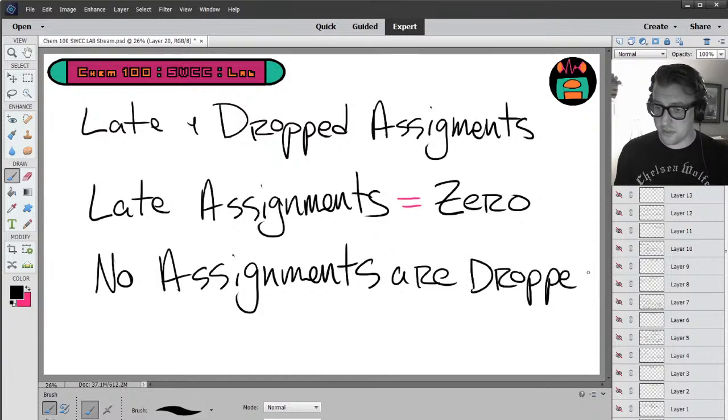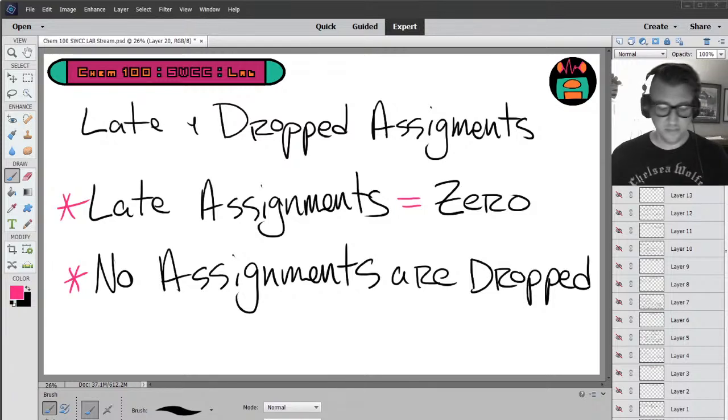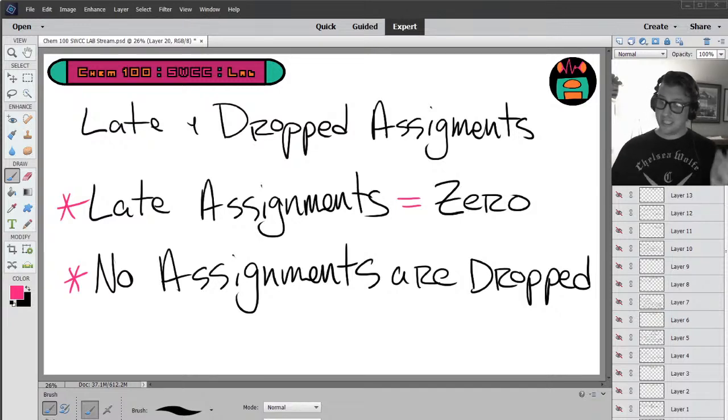So everything counts, just like real life. It's a little harsh, but it's also part of taking a college science class. So if it's late, score is 0. There are no dropped assignments. Everything sticks.